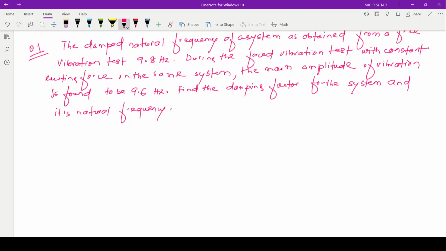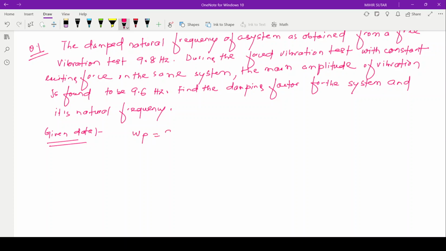Okay, so here in the given data we can write omega p, that is the circular frequency corresponding to peak amplitude.